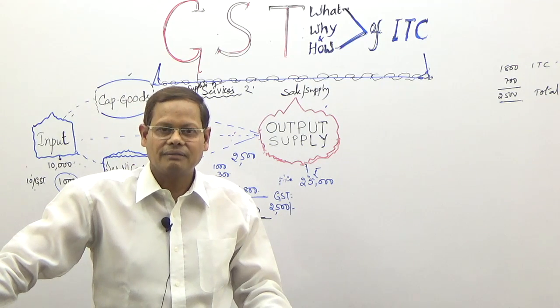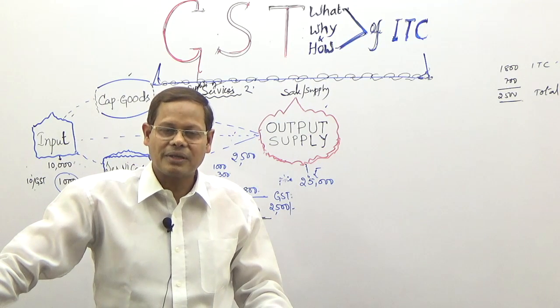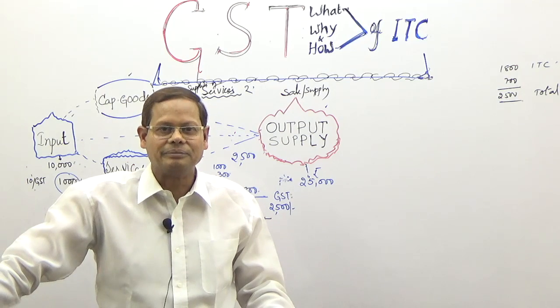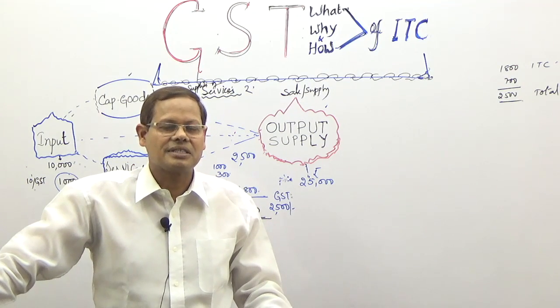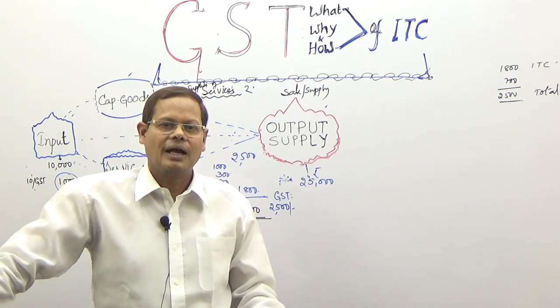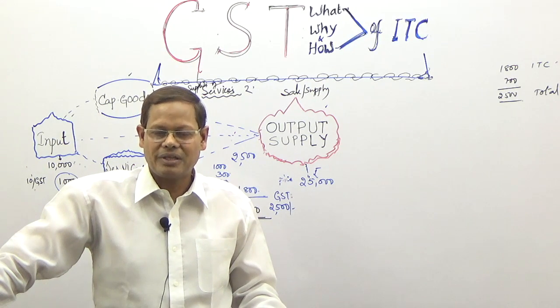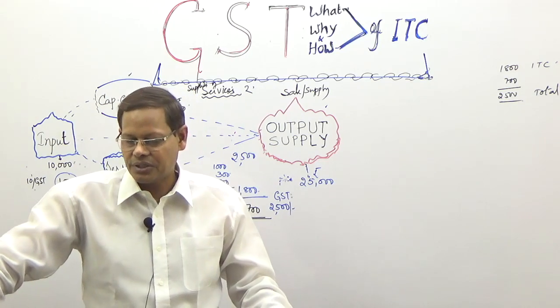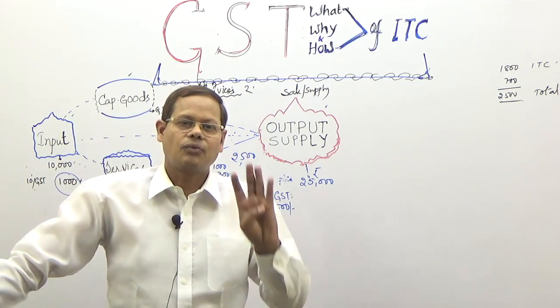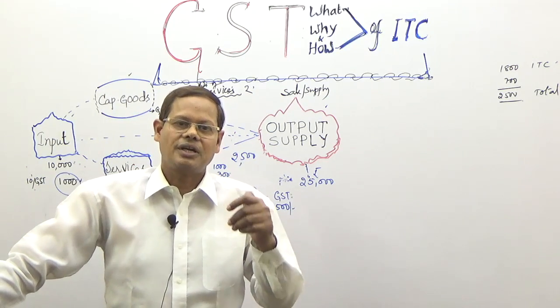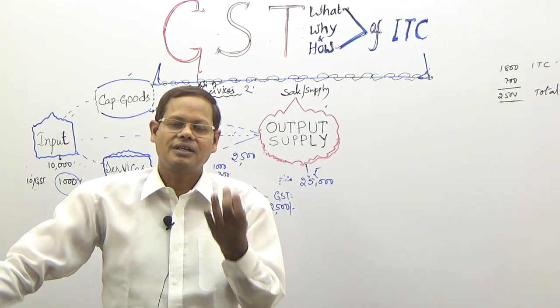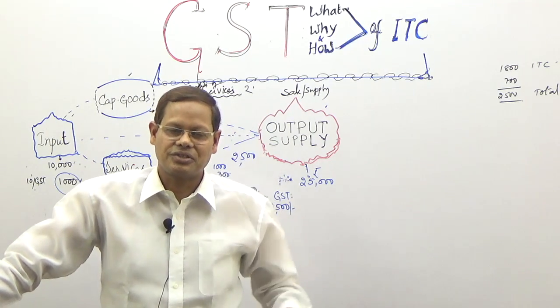Is there anything special? Is there anything complex or complicated? No, it cannot be. But in practice, this is not as simple as I explained, because in the present GST introduced by government, there are 4 varieties of GST: state GST, central GST, integrated GST, and union territory GST.